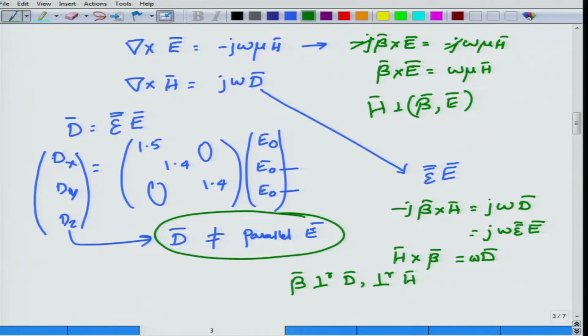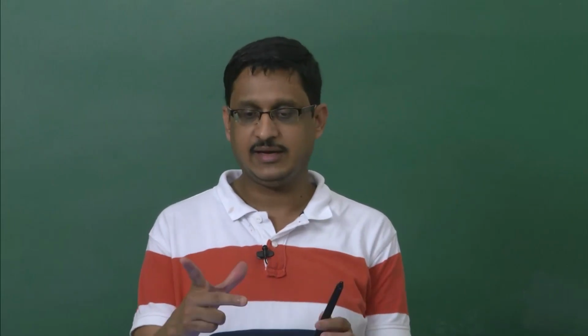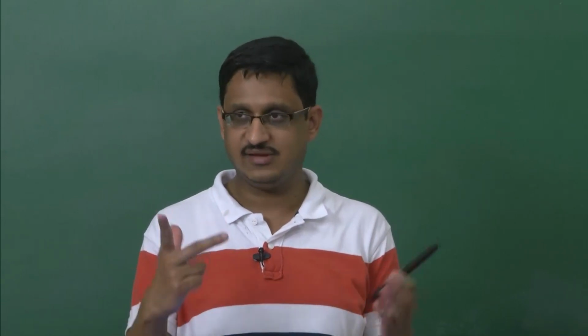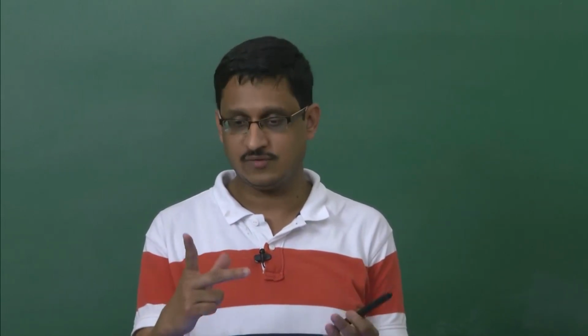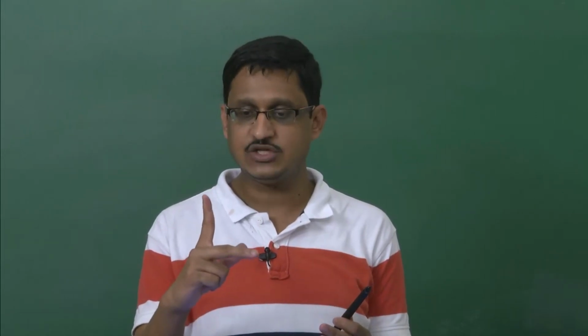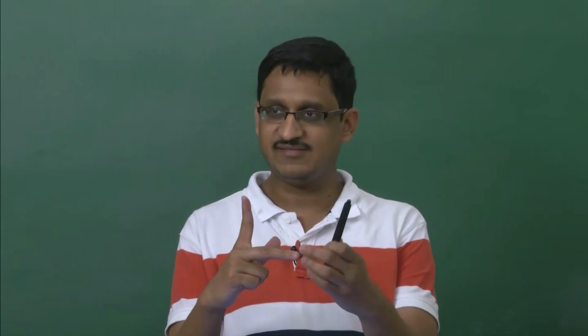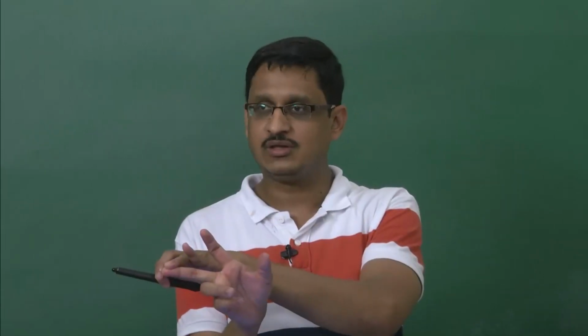So you actually have a right hand rule kind of a thing, where beta points along, let us say, the z axis, then H points along the y axis, then D could point along the plus x direction, or D could point along the minus x direction.